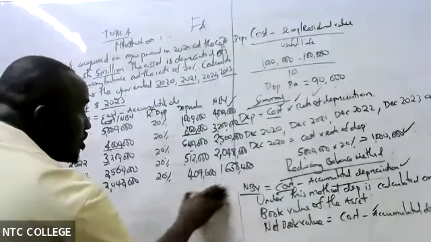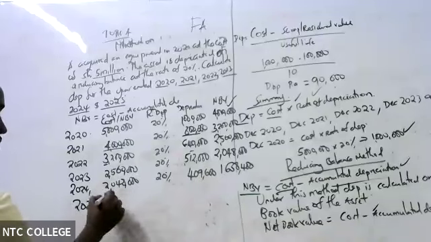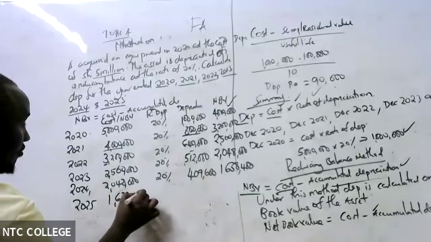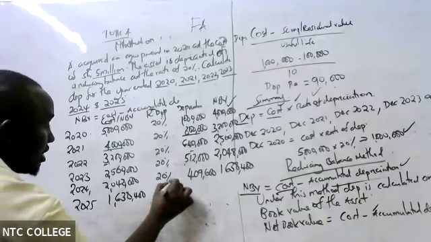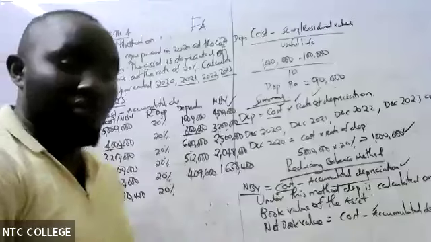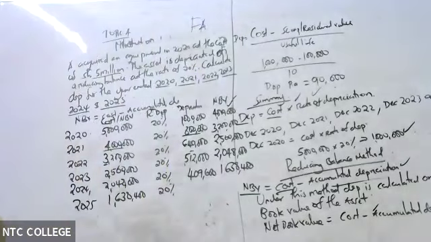Then the last year, which is 2025, the net value is 1,638,400 times 20%. What is 20% of that?